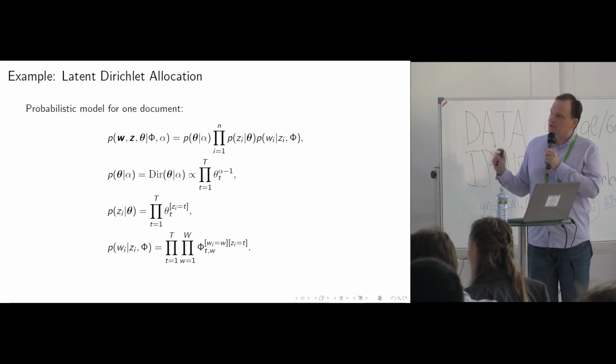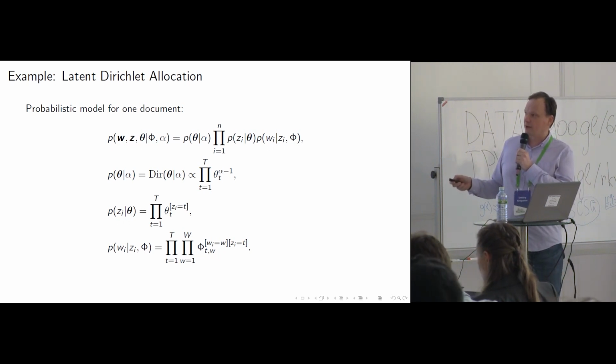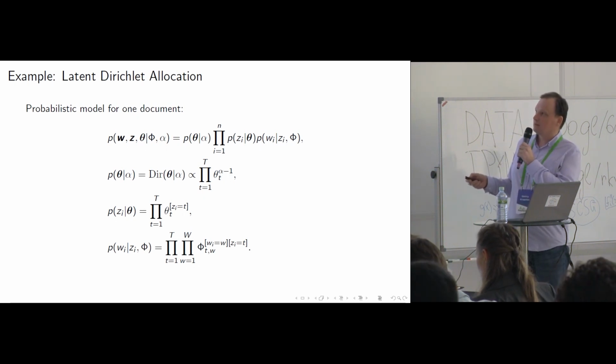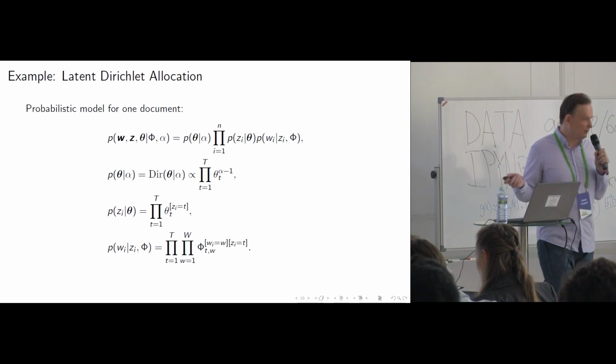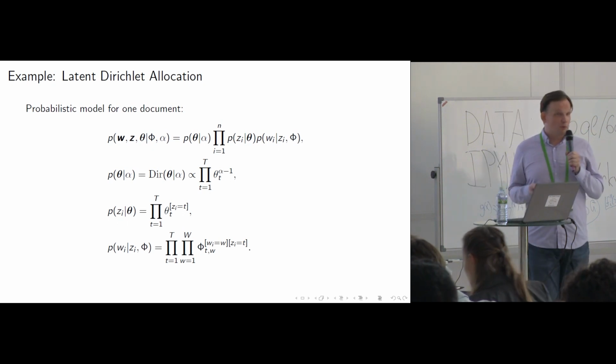This factor hooks up in a non-trivial way these two groups of variables, real-valued theta and discrete variables Z, and because of this factor, you can't find a closed-form solution for the posterior distribution of these groups of parameters. So what to do?